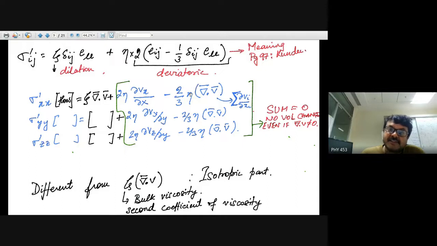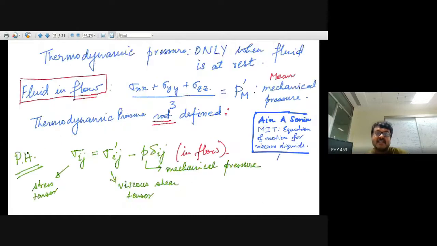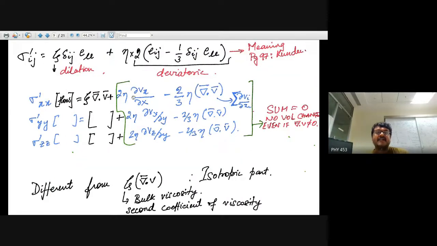One can consider 1/3 of the divergence to be an average volume change, or average strain rate in the different diagonal directions. This is taking care that the viscosity will contribute over and above the average, not volume change, because these terms don't contribute to the volume change, but it's like strain in the diagonal directions, a change in velocity in the diagonal directions.